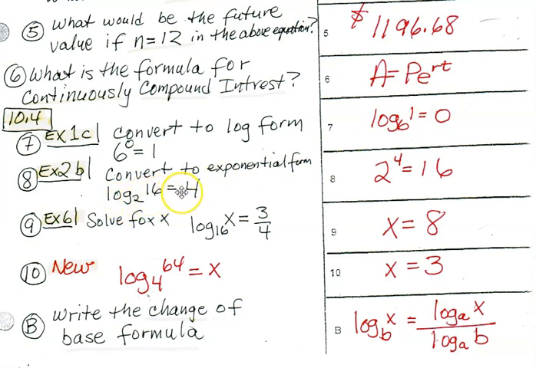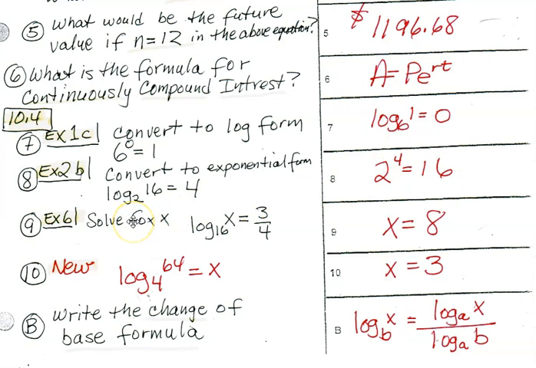We had to convert it to exponential form. And again, we worked these examples out for you. Here the protocol would be the base is 2, the exponent is 4, and the answer is 16. So base 2, exponent 4, answer is 16.